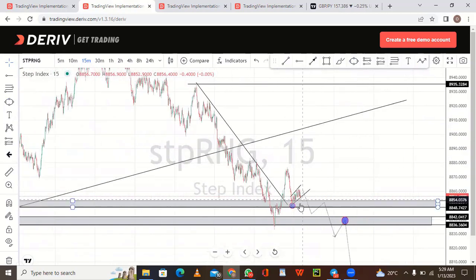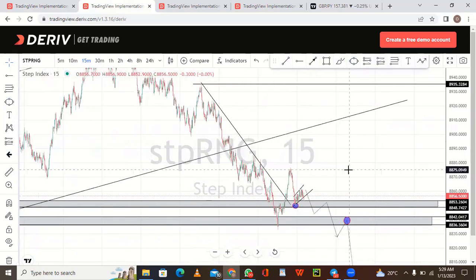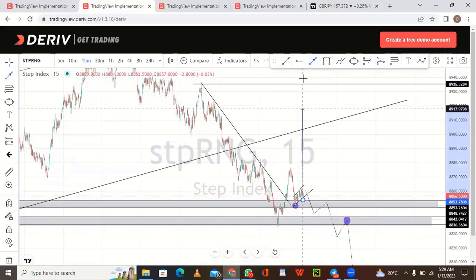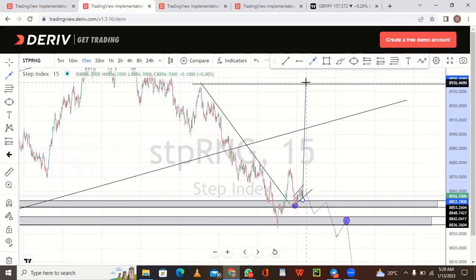What if the price does not break to the downside and decides to break to the upside? I'm also looking at it because this is a trend line that the market has been respecting. There was a touch here, another touch, and other touches, and then I observed that the market broke out of it and came back to retest it. So chances are that the market might start moving from here all the way to this place.